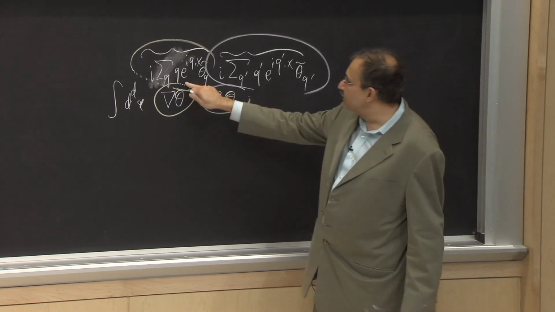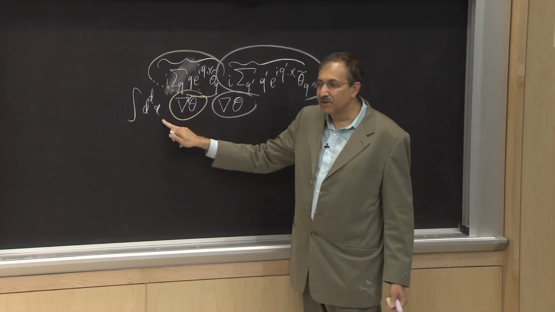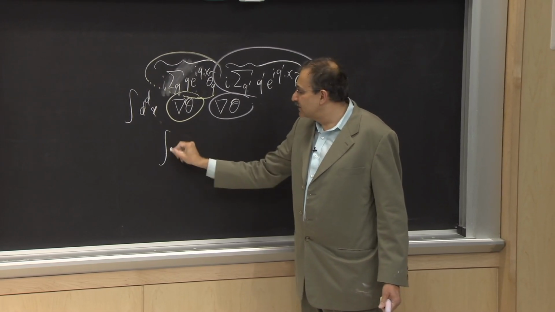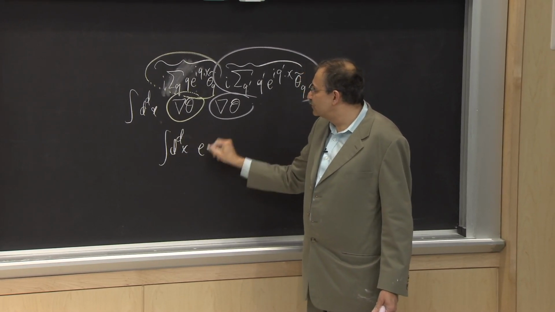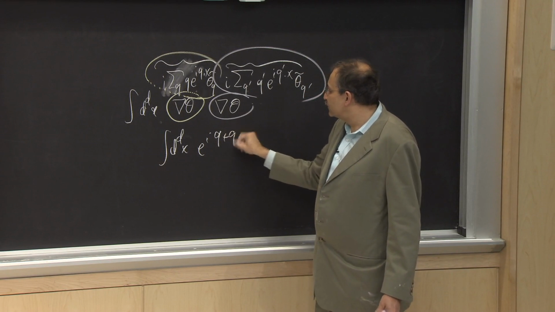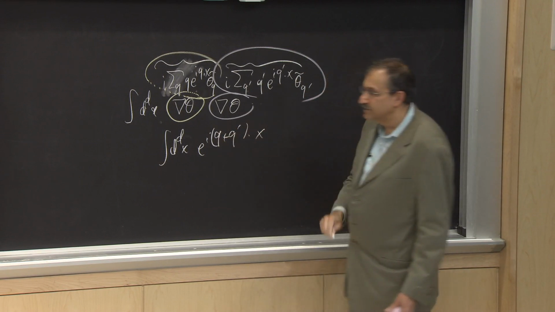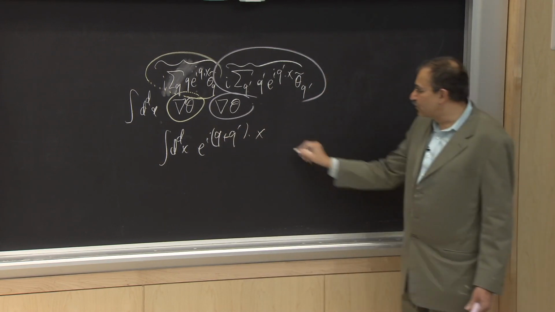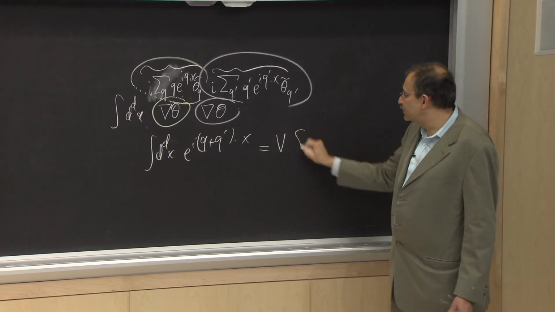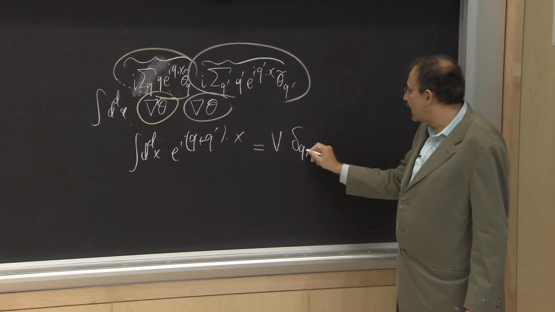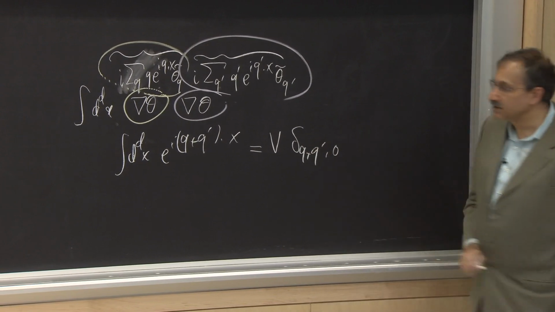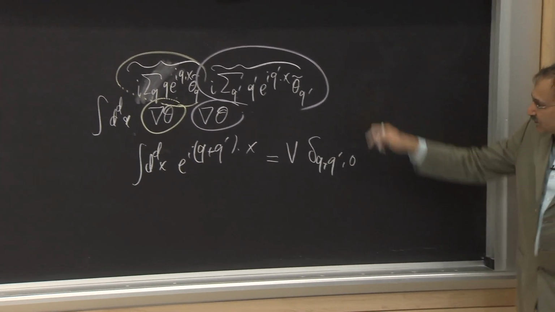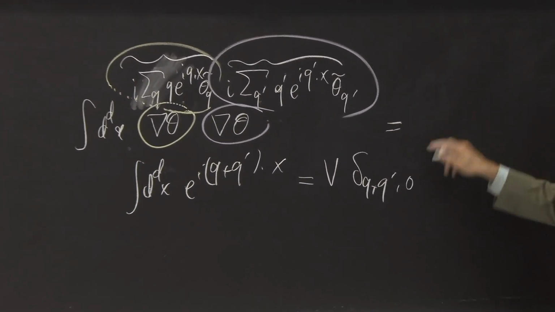So I have a sum over q prime, and an integral over x. What is the integral over x of e to the i (q plus q prime) dot x? It is 0 unless q and q prime add up to 0. This is a delta function. So you put it there. Only one sum survives.